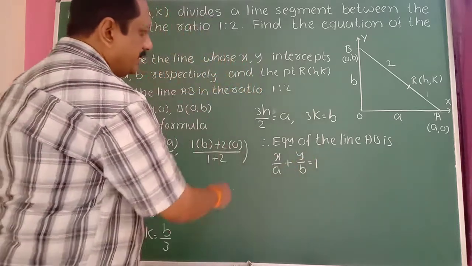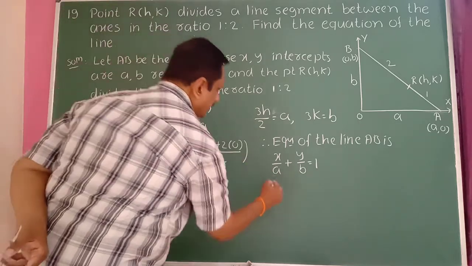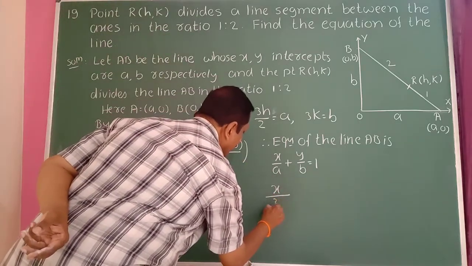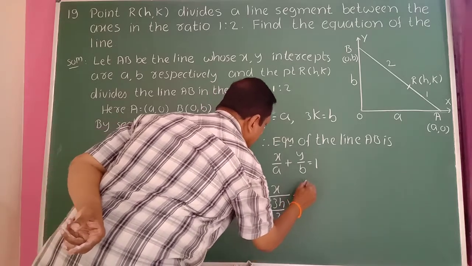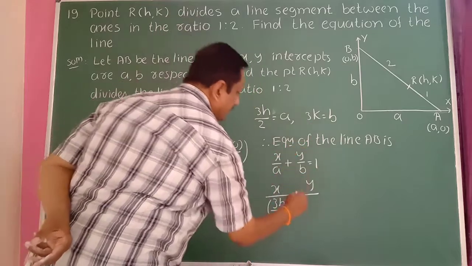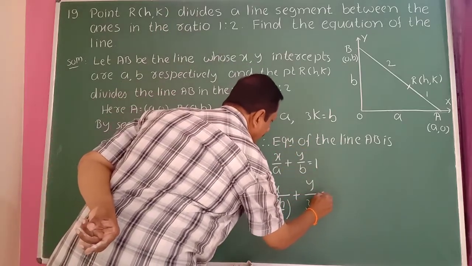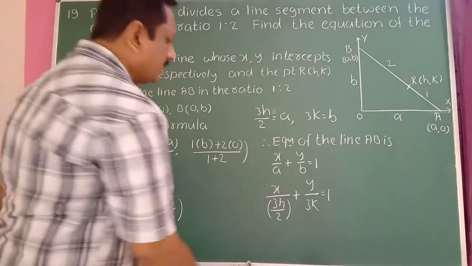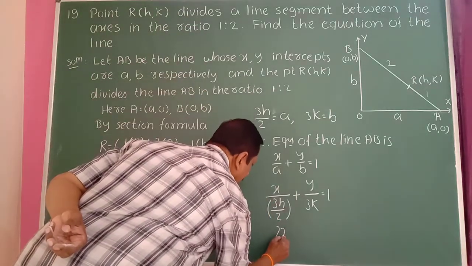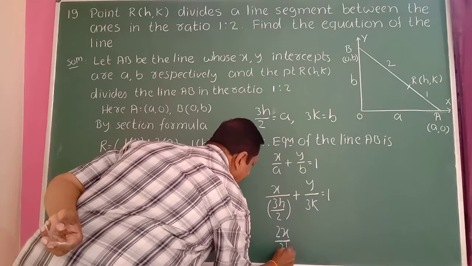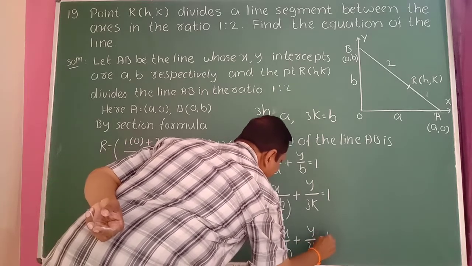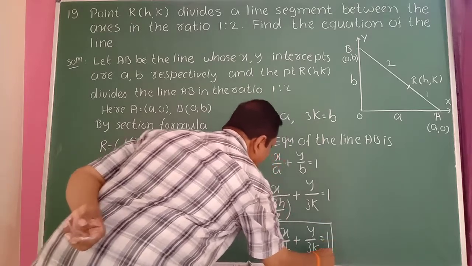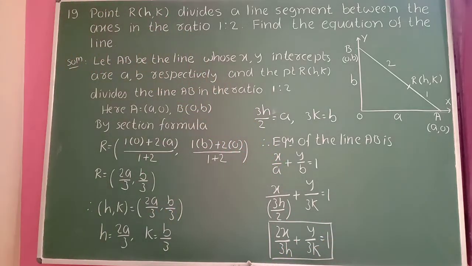But a is 3h upon 2, so use x divided by (3h divided by 2), plus y upon b, where b is 3k, is equal to 1. You can take the 2 to the numerator: 2x divided by 3h plus y divided by 3k is equal to 1. So this is the required line, the equation of the line AB.